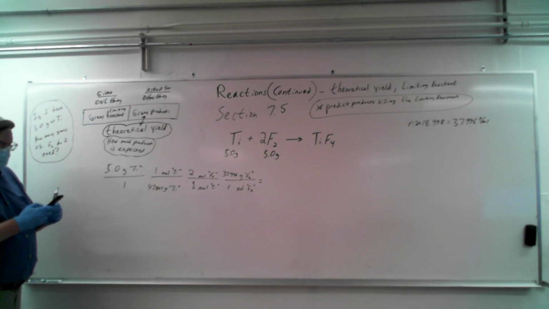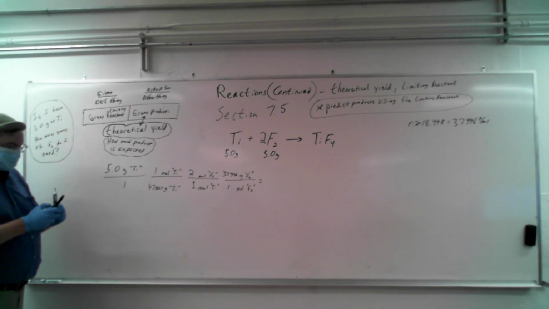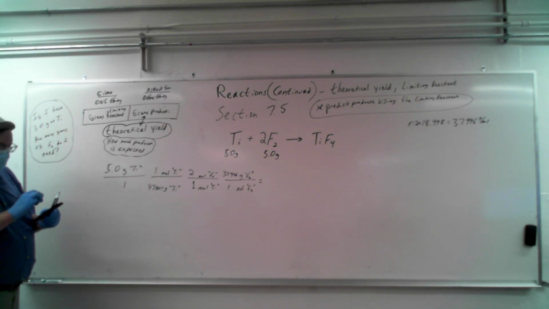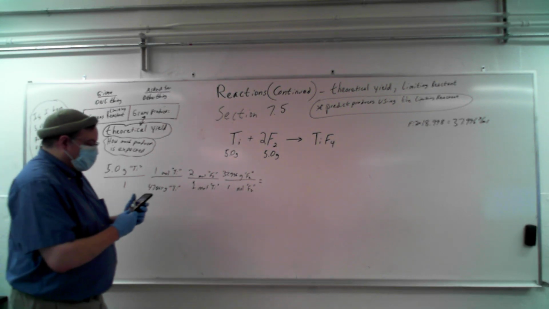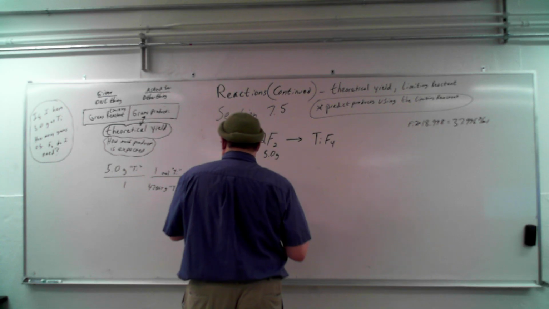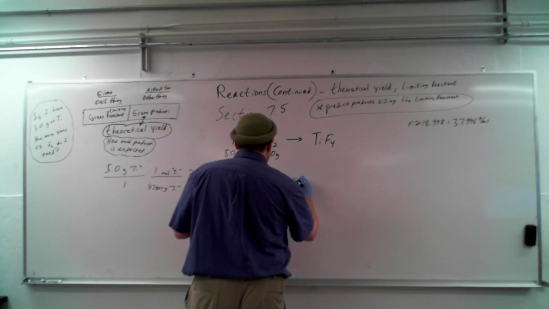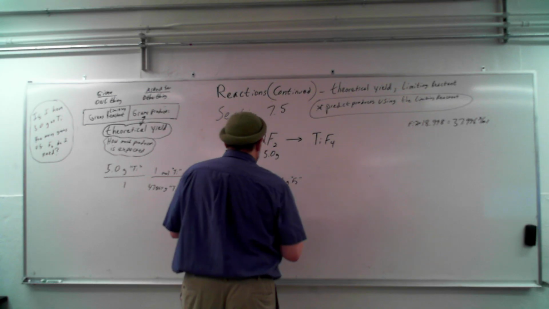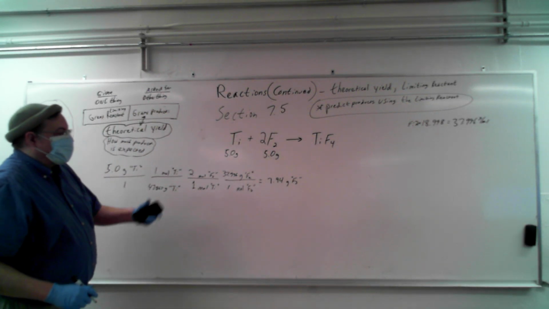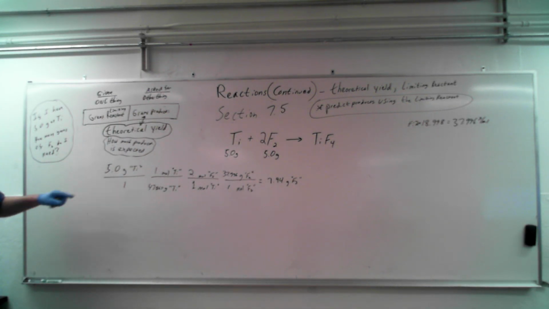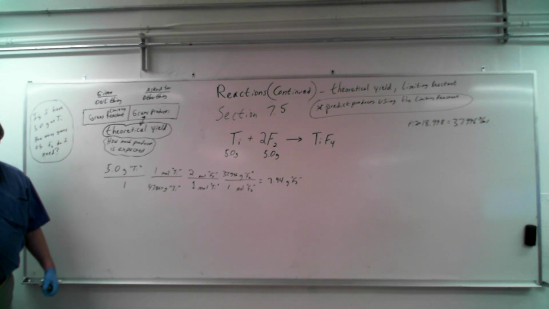Times 2, 37.996 divided by 47.867. I get 7.94. That's how many grams of F2 I need if I have 5 grams of titanium.